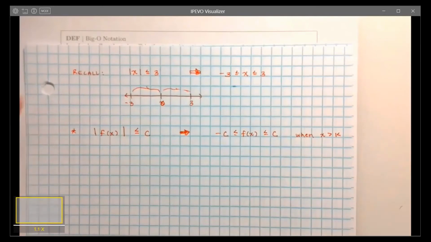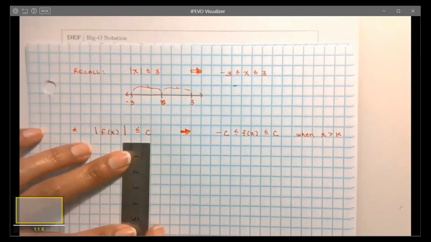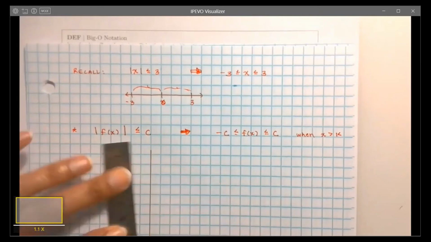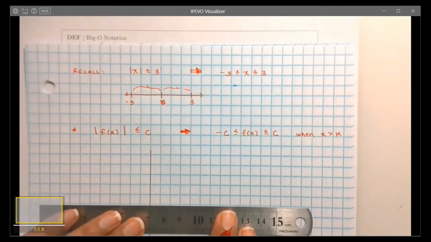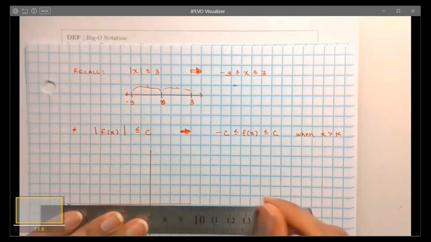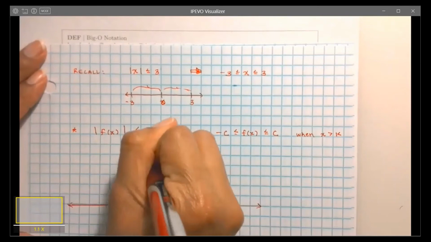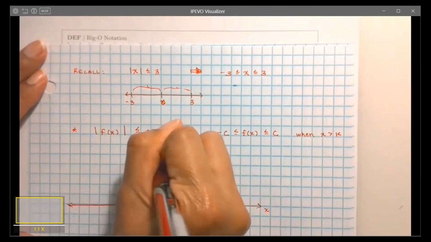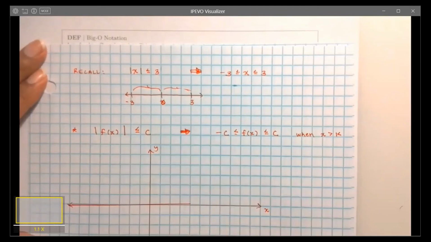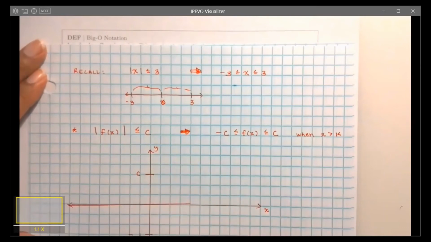So again, what does that mean? Well, if I were to draw a graph of potentially what can satisfy those conditions, let's say I have this being c and this being -c, and I'll say that this is k.